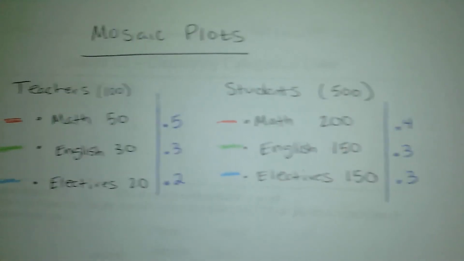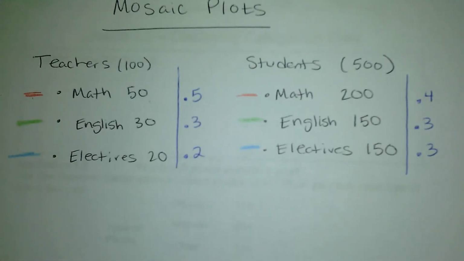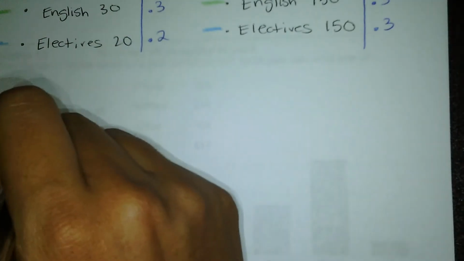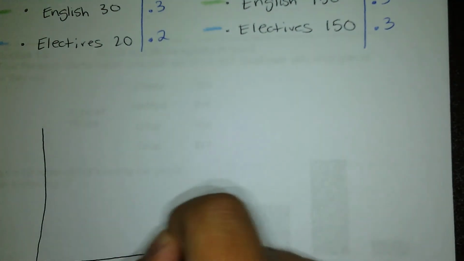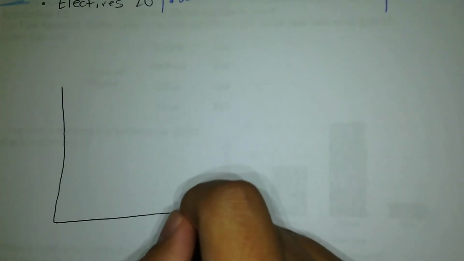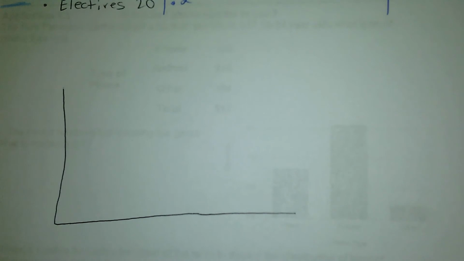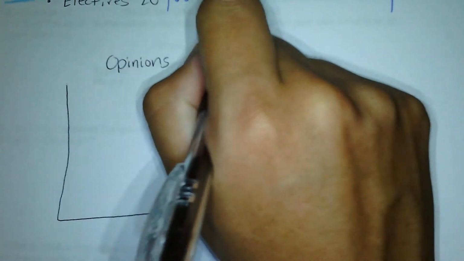Okay, so when I go to display these data, I now know how their plots work here. So again, I'm going to want to put a scale and my axes, something like that, and I'll put opinions on class preference, something like that.